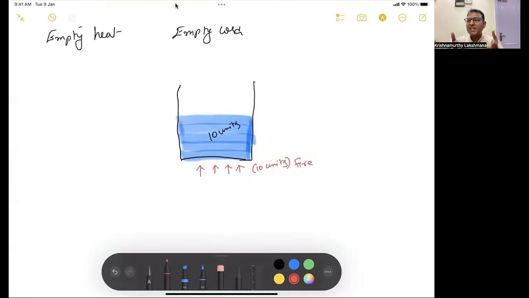So we are basically trying to boil the water. So 10 units of water is being boiled by 10 units of fire, and it is getting boiled in 10 minutes. So 10 minutes boiling time.